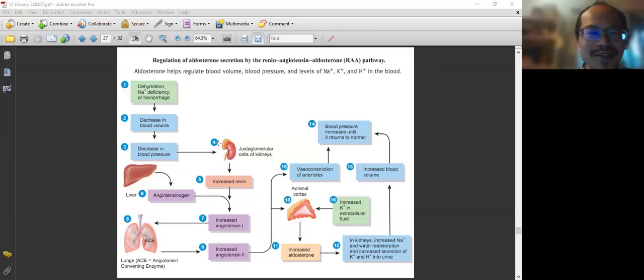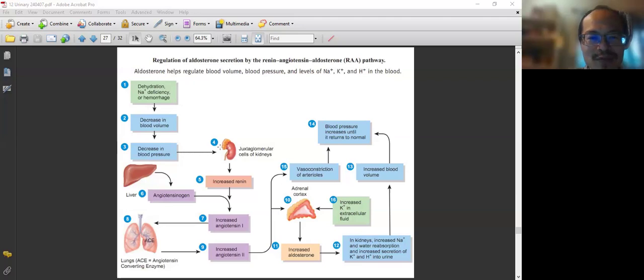Just another picture, but you already know, right? Low sodium, dehydration, sodium deficiency, or hemorrhage will decrease the blood volume, and then the liver produces angiotensinogen.